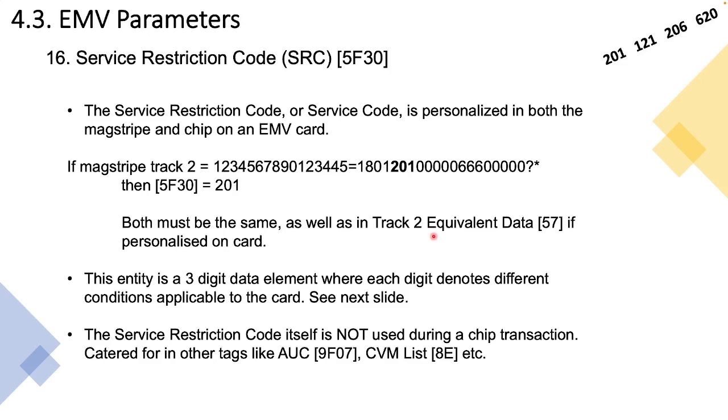We find that we can cater for the service restriction code criteria a lot better in different tags or in EMV, like tag AUC, which we've discussed earlier, and tags like the CVM list, which we'll discuss later on. Okay. So let's have a look a bit more in terms of service restriction code in the next slide.